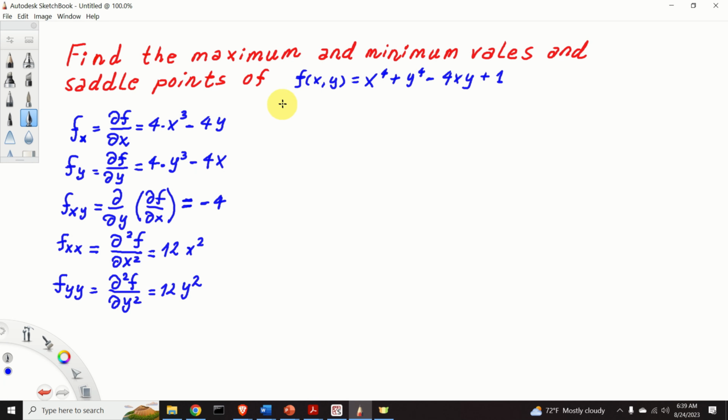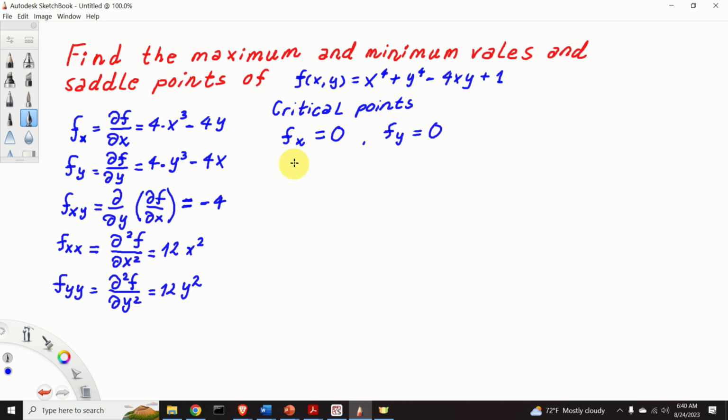Next, we need to determine the so-called critical points. The critical points are actually the solutions of this system of equations: f with the subscript x is equal to 0 and f with the subscript y is equal to 0.